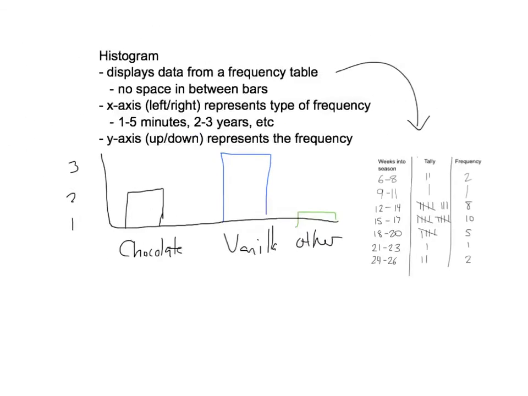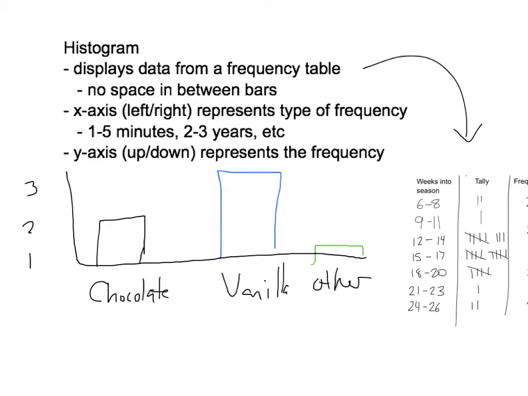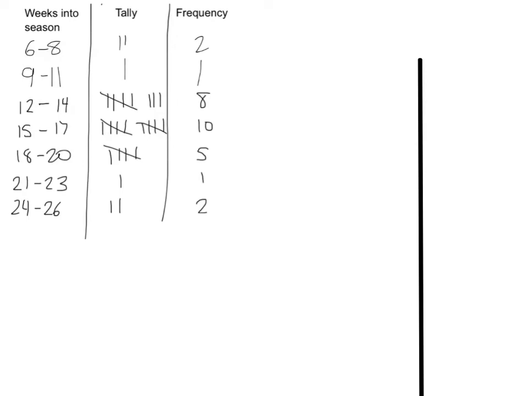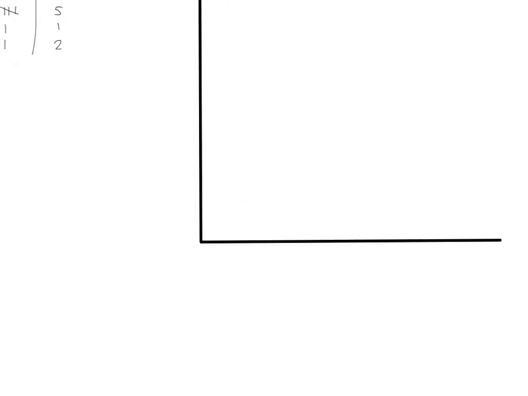All right, so when we construct it, the first thing I need to know is that the x-axis, left to right, represents a type of frequency. So I'm going to go down here and say, okay, my frequencies are like numbers, but what's the type? Well, it's weeks into the season, and I have 6 to 8, 9 to 11, 12 to 14, and so forth. So when I come down here, this is what I'm going to do. My first type was 6 to 8 weeks, so I'm going to write 6 to 8.